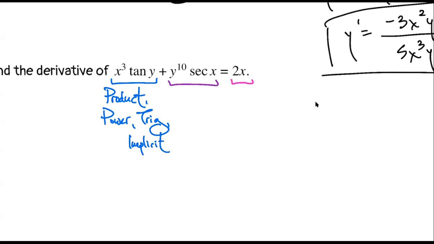Now, if I were to think about what I need for the purple, situationally, I would start with the product, right? Because I have y to the 10th times secant x.